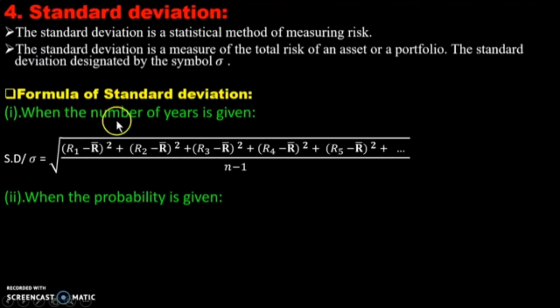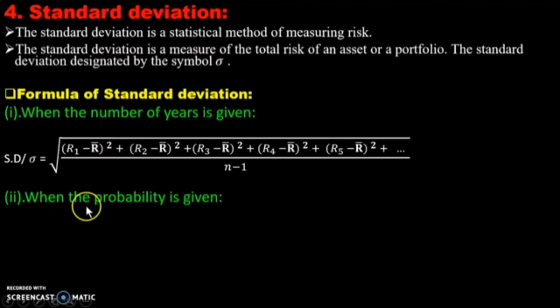Number 1, when the number of years is given, standard deviation or sigma equals root over (R1 minus R bar) whole square plus (R2 minus R bar) whole square plus (R3 minus R bar) whole square plus (R4 minus R bar) whole square plus (R5 minus R bar) whole square, and so on for the rest of the years or returns, divided by n minus 1. Here R1 means first year return and R bar means expected return.